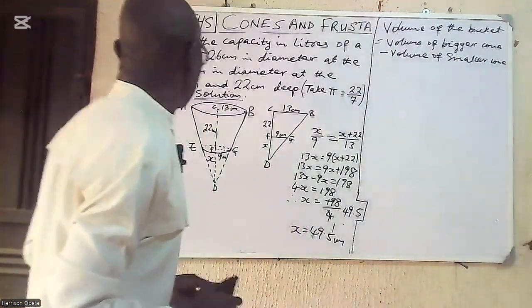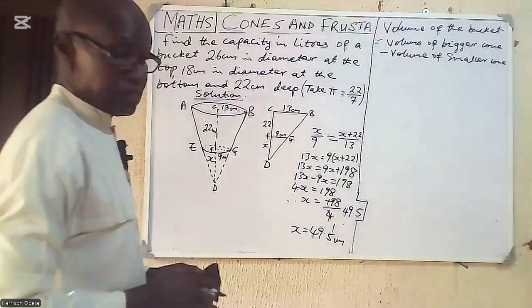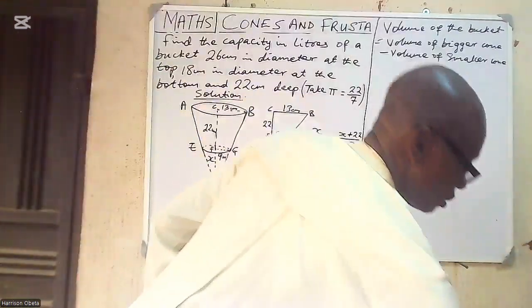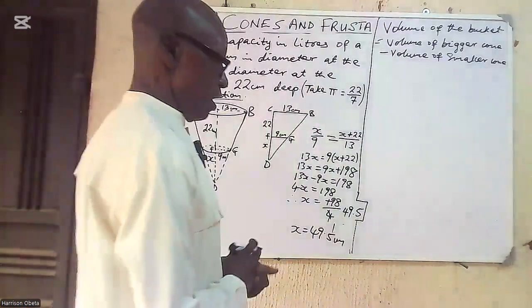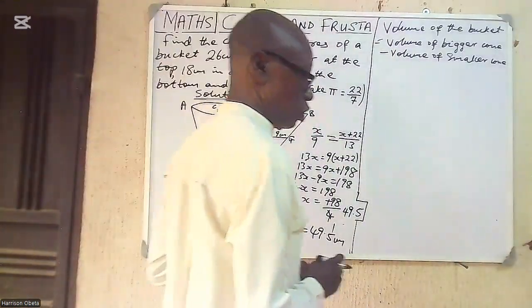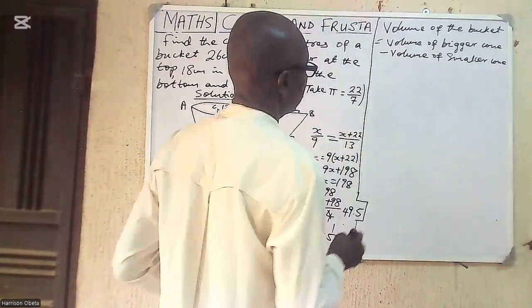So we'll be using capital R to represent the bigger radius, and the volume of a cone is 1/3 pi r squared h.